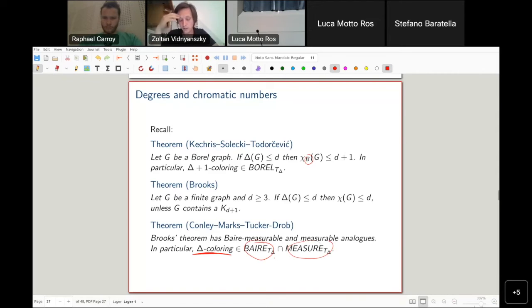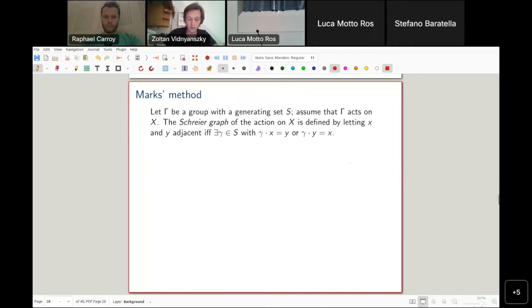We used the Baire category theorem or the Lebesgue density theorem, and that was it. Because of this statement, you cannot use those, right? So if you want to show that this is sharp, then you have to come up with something else, as Marks did.